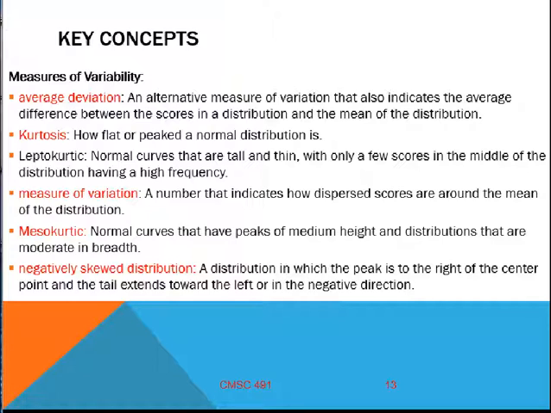This, in effect, measures how lopsided a distribution is to the left or to the right. Kurtosis is how tall or flat a distribution is. Mesokurtic is median height and a moderate breadth. Leptokurtic are tall and thin, and platykurtic are short and broad.